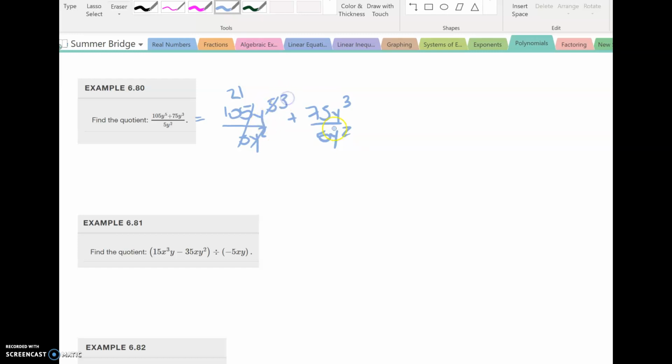So 5 minus 2 is 3. And then we have 75 divided by 5, which is going to be 15. And again, same thing here, the y squared and the y cubed, the cube goes away. So what do I have left here? I have 21y to the third plus 15.